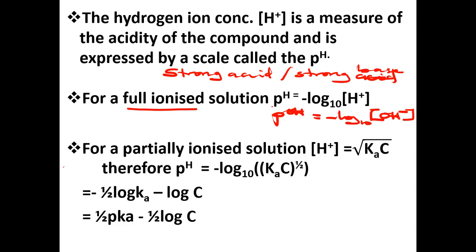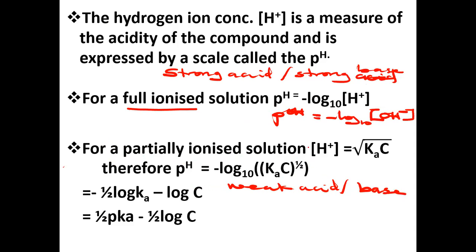So this is for a strong acid solution, and this is for a strong base solution. Similarly, a partially ionized solution is simply a solution of a weak acid or a weak base. So for a partially ionized solution, you're looking at weak acids and weak bases.